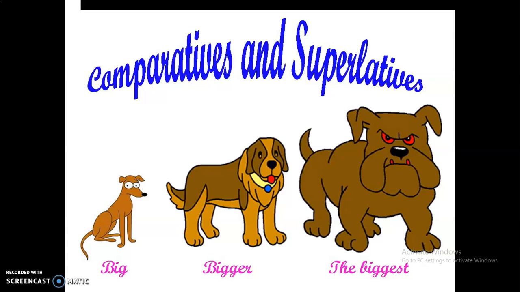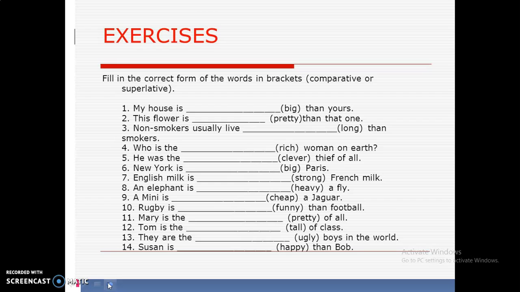There are different kinds of adjectives which we have already discussed in the previous class, and now this is an exercise. I want you to work on it. Fill in the correct form of the words in the brackets, comparative or superlative. My house is dash than yours. Here you have to use only these two.